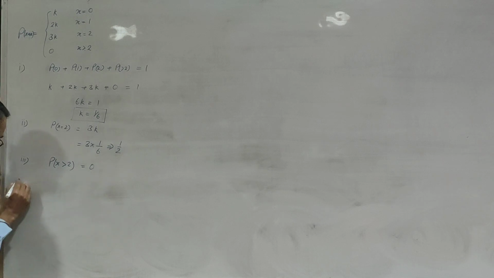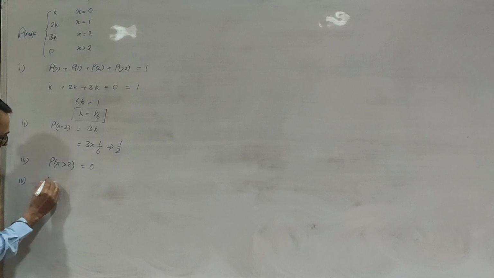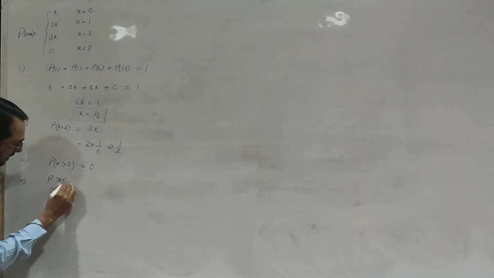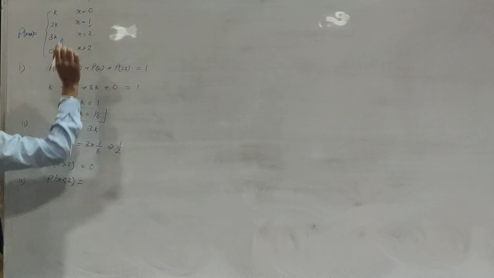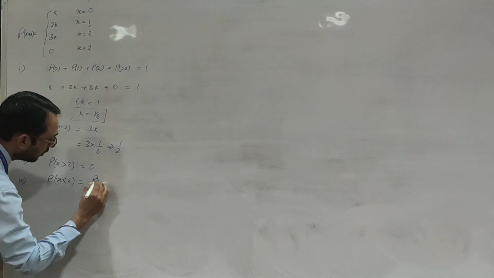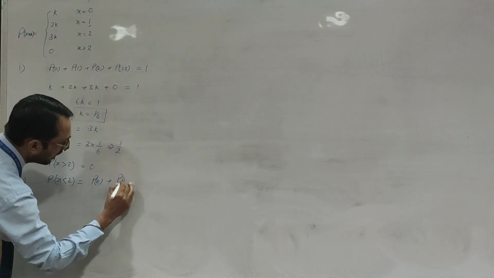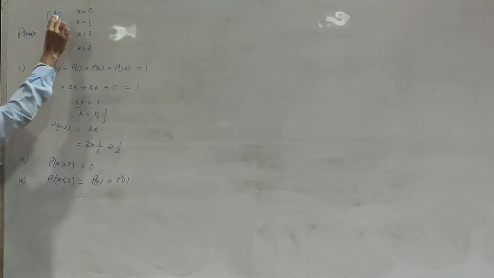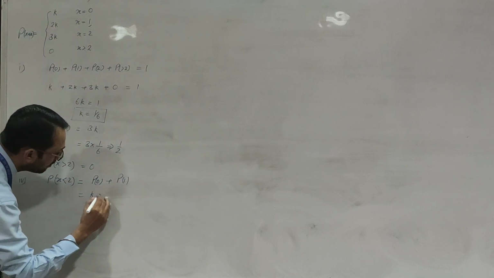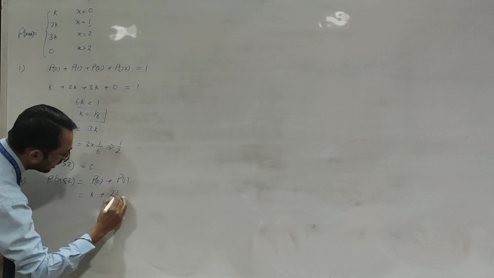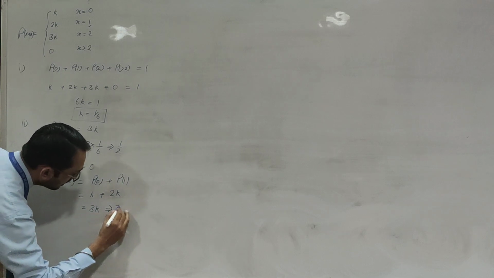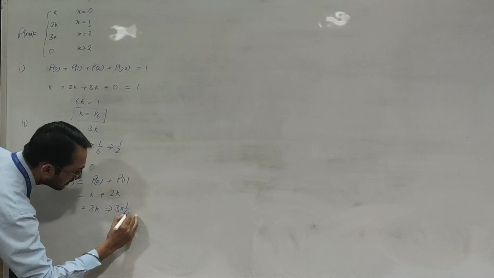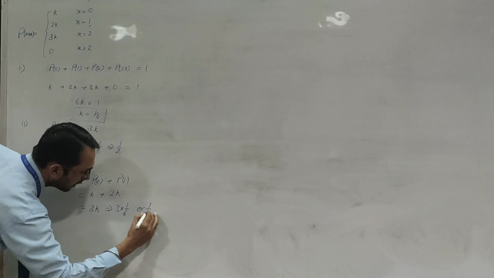P(x less than 2) equals. Less than 2 means P0 plus P1, and the value of P0 is k and P1 is 2k. So altogether it becomes 3k. That means 3 into 1 by 6, or 1 by 2.